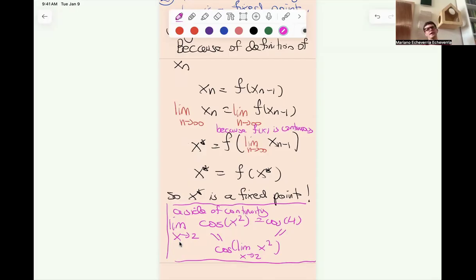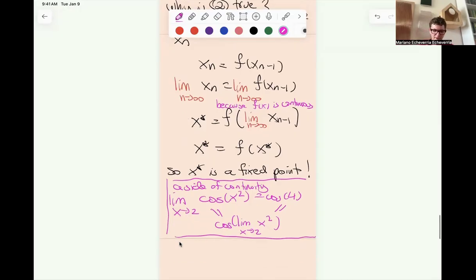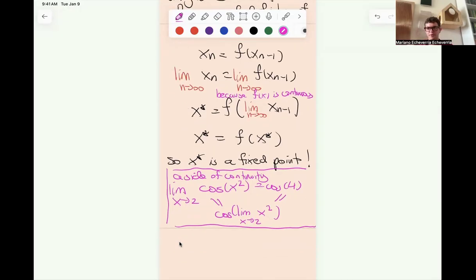And that explains why the limit would be a fixed point. The only thing that's left, and again, I won't go into too many details because it's too much of a proof thing, is why does the sequence converge? So then this claim one.